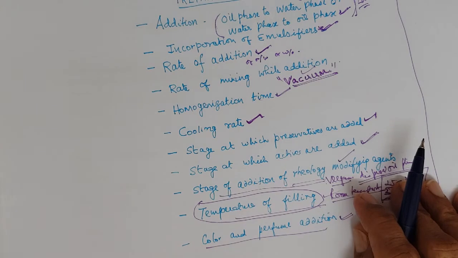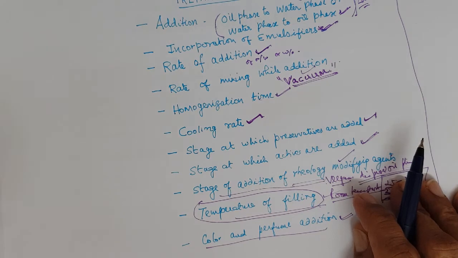In the pilot plant scale we have to see how the rate of addition impacts the emulsion characteristics. Even in the lab we can do this study. If it is not impacting much, we need not give much importance to the rate, and we can have the normal rate of addition.